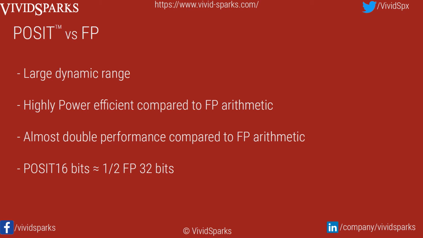In other words, the accuracy is large, and it is more power efficient compared to FP, I would say much better, almost half. The performance is also double, because the data width is reduced. The usual ratio between floating point and POSIT is that POSIT requires half the data width of floating point. In this case I have shown 16 bits, which is equivalent to FP 32 bit.